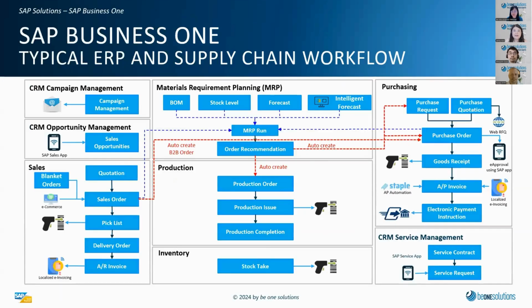This is my last slide for the presentation. This is a simple, typical supply chain process flow. SAP Business One connects CRM, sales, MRP, production, purchasing, and service functions into a seamless workflow like this. From tracking sales opportunities and automating production orders to managing inventory and streamlining purchasing approvals, every process is integrated for real-time data and improved efficiency.